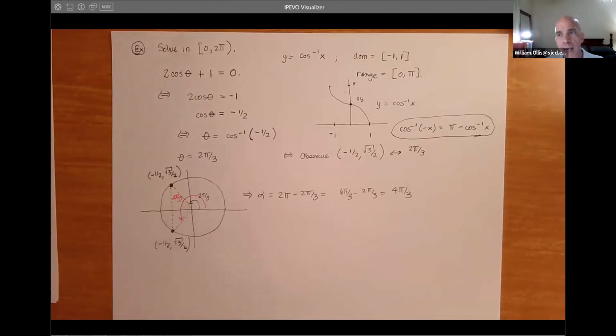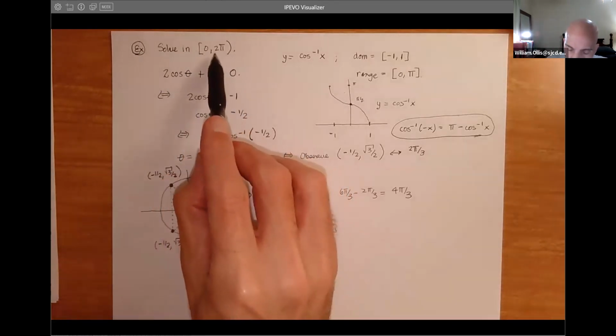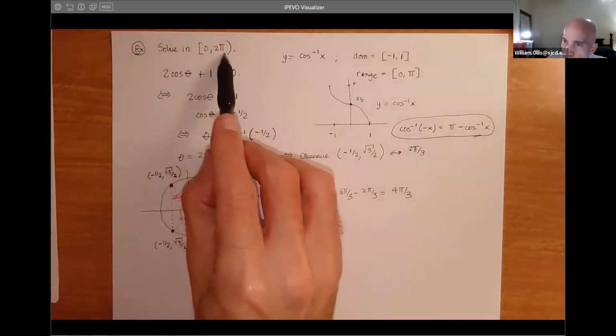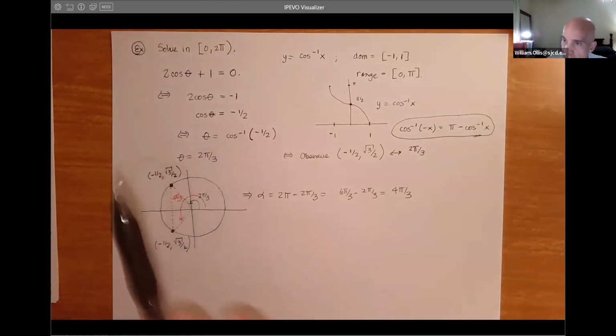Because again, I was also talking to the students saying that if we can just exhaust the unit circle, then we can extend by multiples of the period and get all the solutions. But the key is that if you stated this problem and said just solve in 0 to pi, then that'd be it right there. 2 pi over 3, that'd be it.